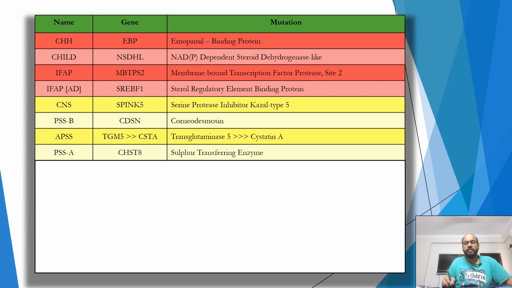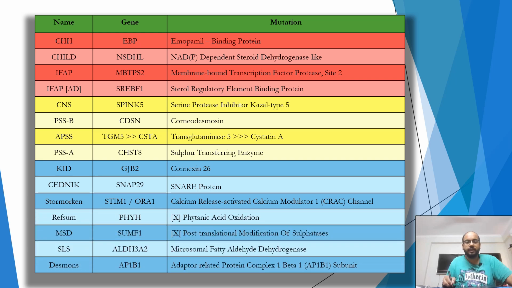So again, we are back with this table, which has summarized the disorders, the gene which is mutated, and what is the protein that is synthesized by that gene. So let's uncover the last part of this table, the neuro-ichthyotic part. So KID syndrome is because of mutation in GJB2 leading to connexin 26 mutation.